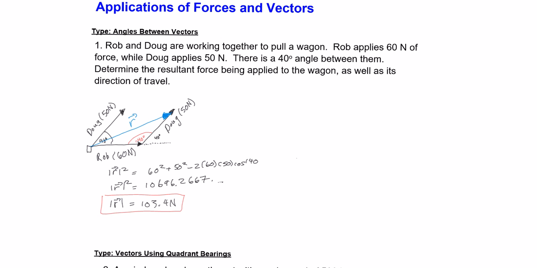Now, the next thing that we have to do is calculate X. X is going to be the angle that is relative to Rob's pulling vector. So we're actually looking for this angle right here, from here to here, and that is X. So now we'll compute that. So we have sine of X over 50 is equal to sine of 140 divided by 103.4.